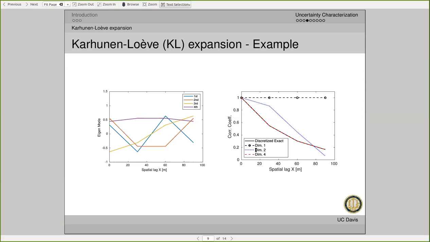If we have only a single dimension, that means the only source of uncertainty is a single Gaussian random variable in our system. So all these 4 random variables are represented by this single source of uncertainty. As you can see here, they are fully correlated, which means their correlation coefficient is 1.